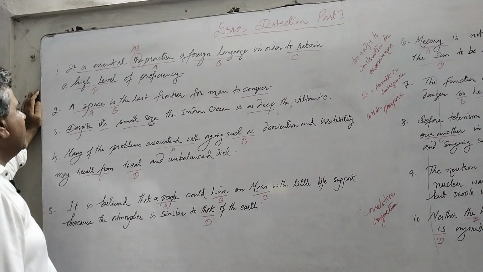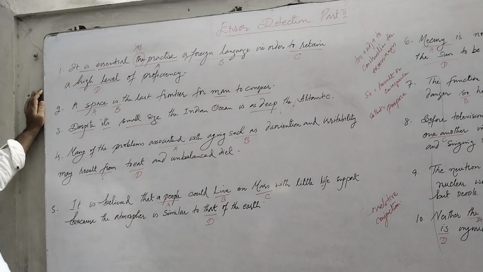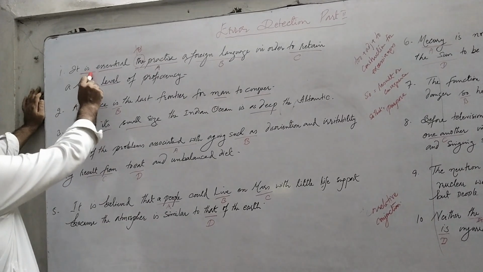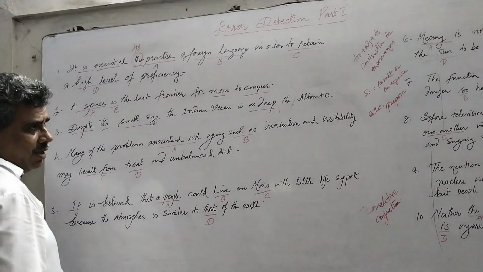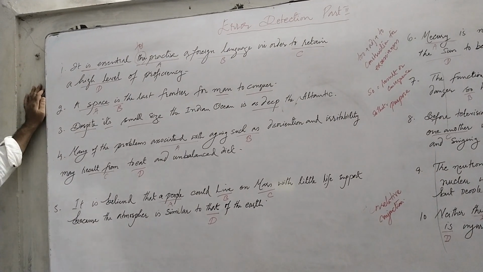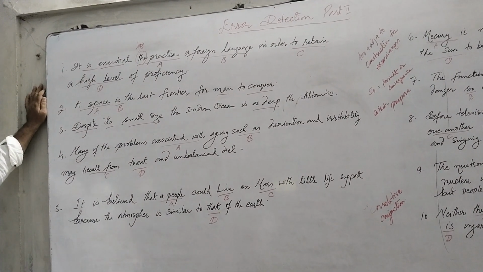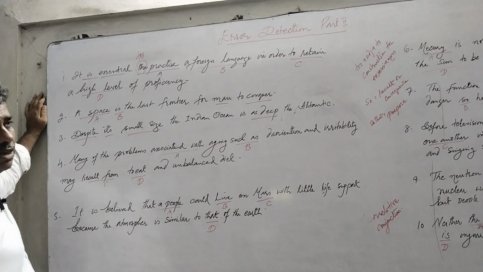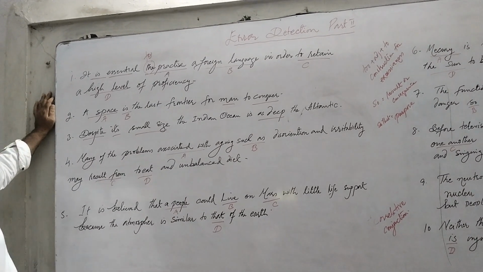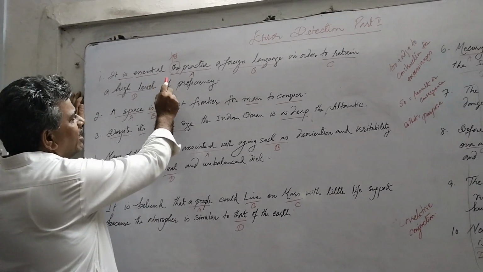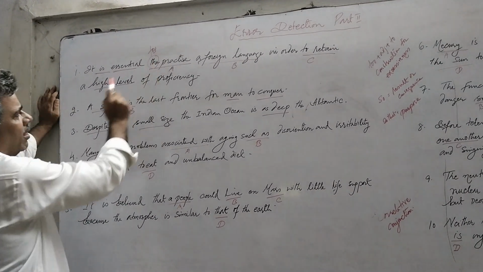In this sentence, we see that there is a clause of a linking verb is and its complement essential. Sometimes the complement makes the meaning of the clause complete, but there are some complements which do not complete the meaning. So we have to put an infinitive after that complement, and here is the.